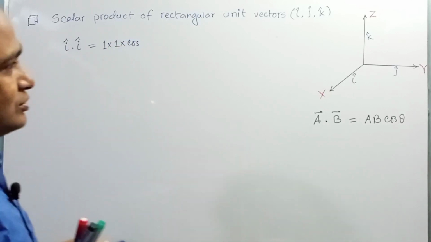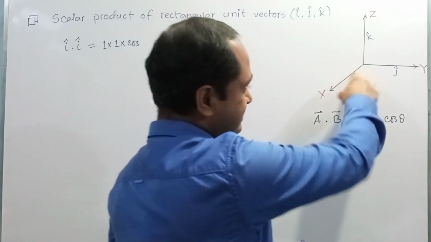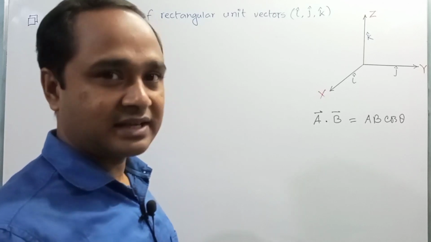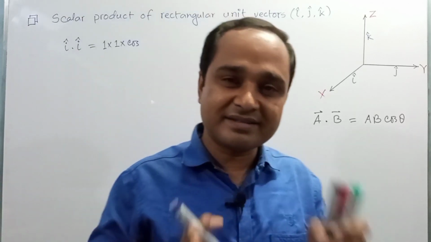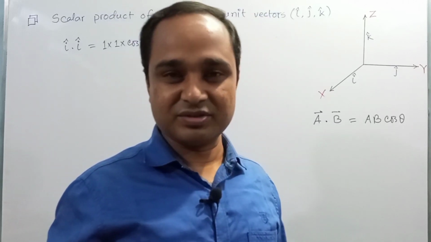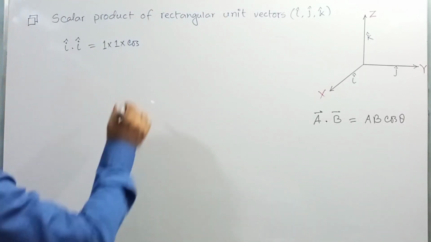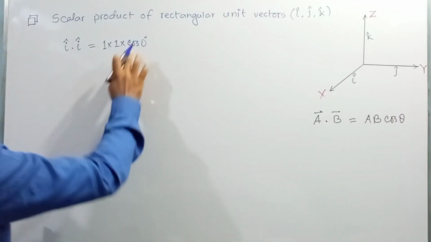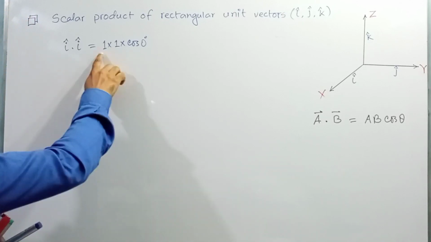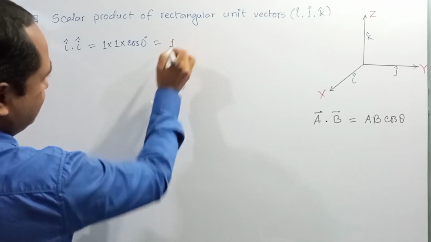Here, the angle between i and i: from this figure you can see that i indicates the positive x direction. So both vectors are in the same direction, that is, they indicate the positive x axis. So the angle between i and i will be 0. So cos 0 degree, and you know cos 0 degree gives the value 1. So 1 multiplied by 1 multiplied by 1, the ultimate result will be 1.